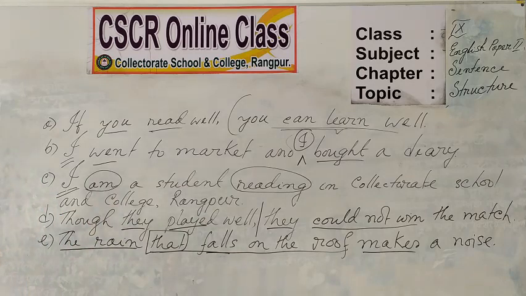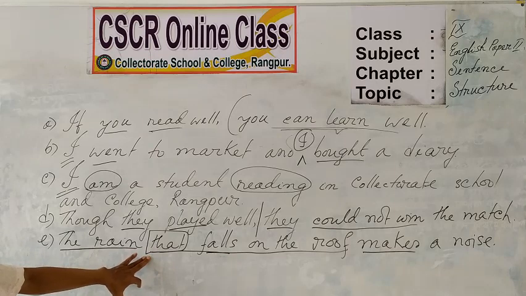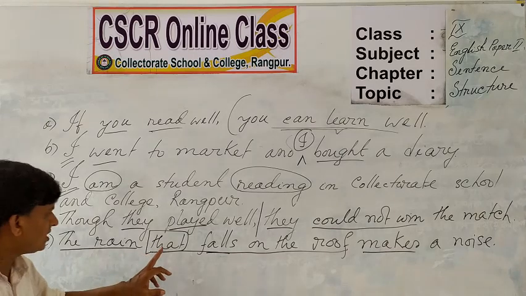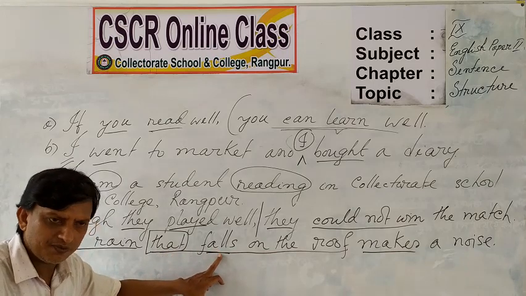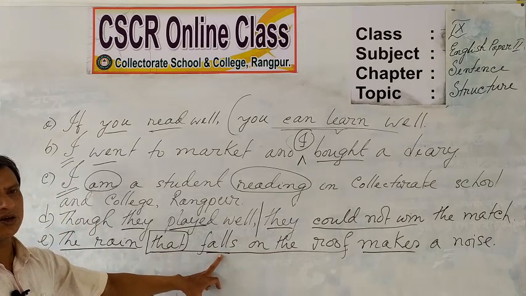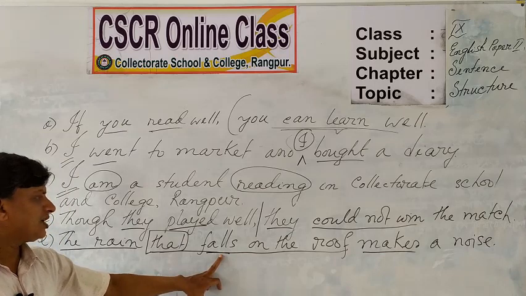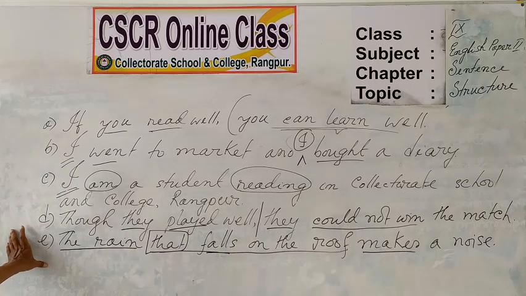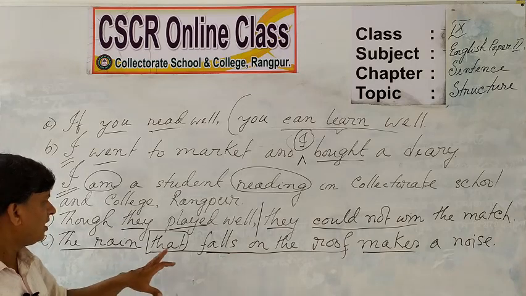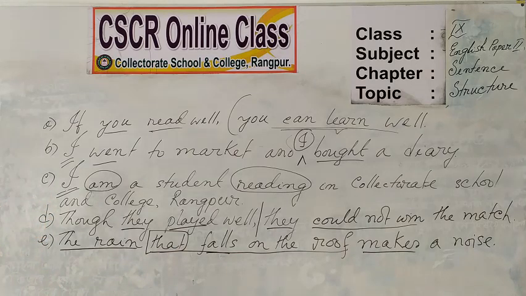Dear students, if we read the part that falls on the roof, can it make a sentence? No, it can't make a sentence, though it has a subject and a finite verb. So it is just a part related to the rain makes a noise. That means the rain makes a noise is a principal clause and that falls on the roof is a subordinate clause.